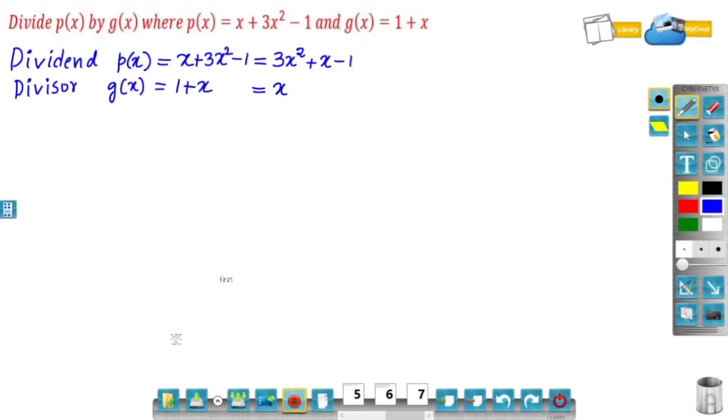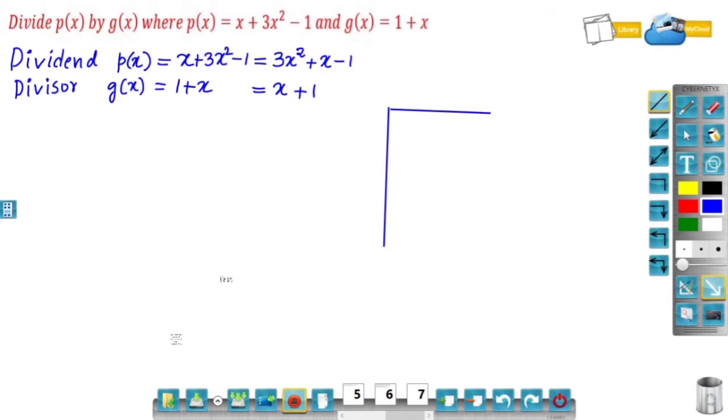Rearrange the terms and write 3x square plus x minus 1. Power 2, power 1, then constant. Here g of x also has x to the power 1. So write x first, then constant term. Now divide.